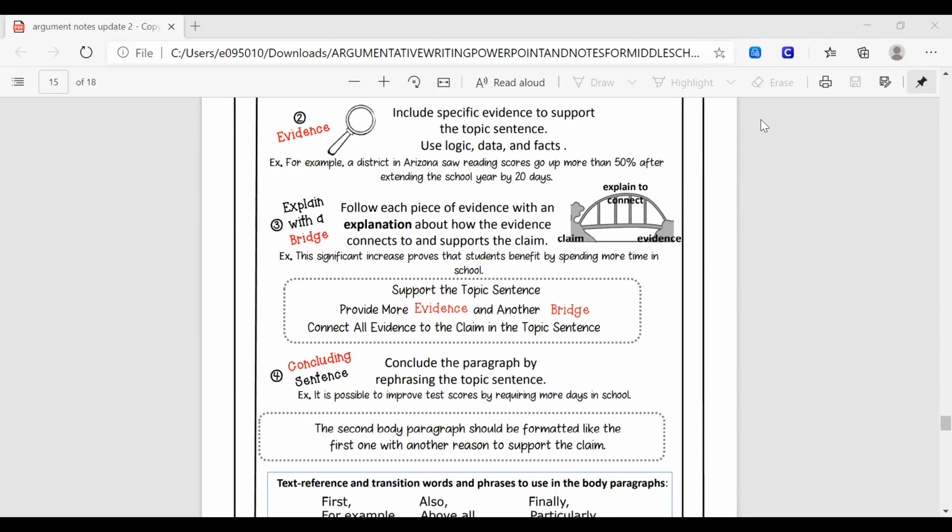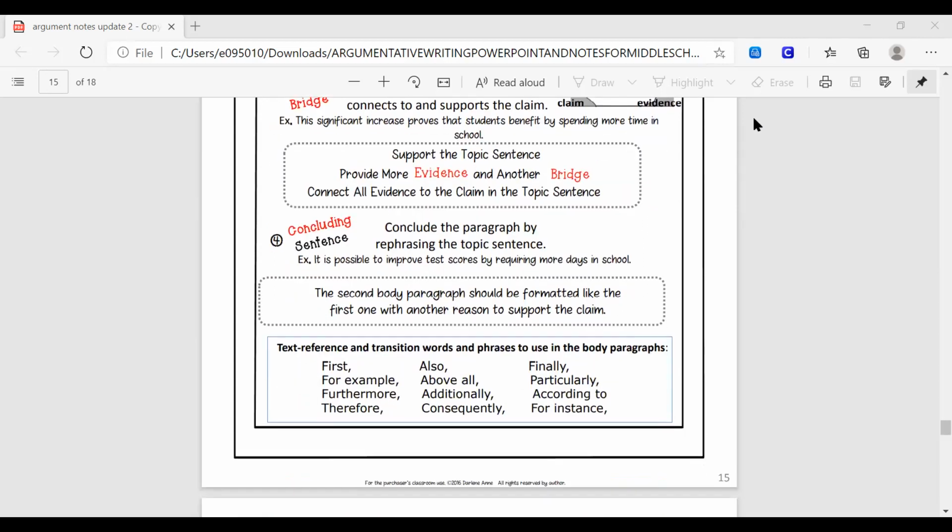The second body paragraph should be formatted like the first one with another reason to support the claim. So you're going to have another paragraph that looks exactly the same, only you'll have two more different reasons, different pieces of evidence, and two more bridges that support your claim.